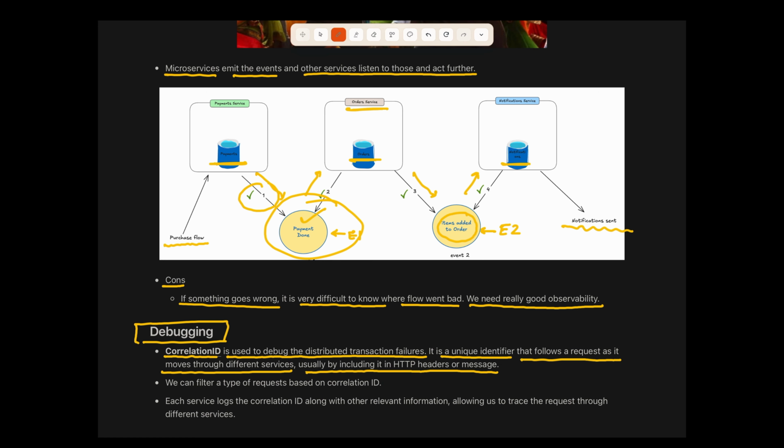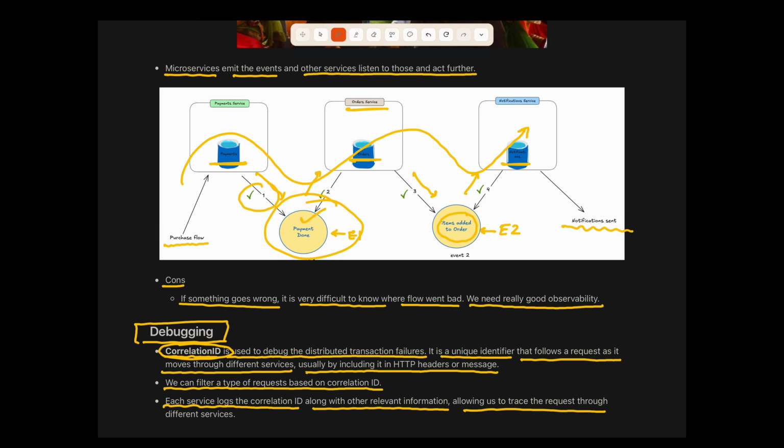So there is an ID which is generated and which travels through the whole distributed transaction. Using this, you can get the logs across all the microservices. This ID is known as the correlation ID. We can filter a type of requests based on this correlation ID. Each service logs the correlation ID along with other relevant information, allowing us to trace the request through different services.